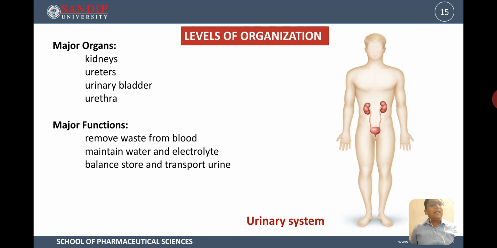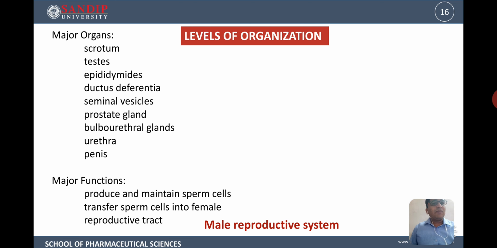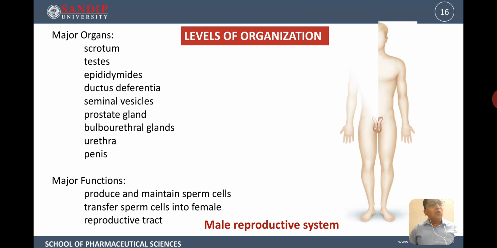Then after that the next system is the reproductive system. Mainly in the reproductive system there are two systems. First one is male and second one is female. In the male reproductive system, the major organs are scrotum, testis, epididymis, ductus deferens, seminal vesicles, prostate gland, bulbourethral glands, urethra and the penis.